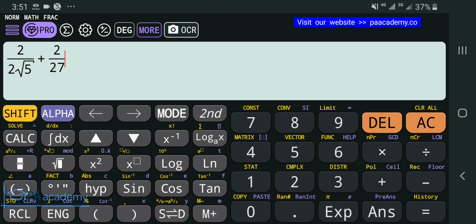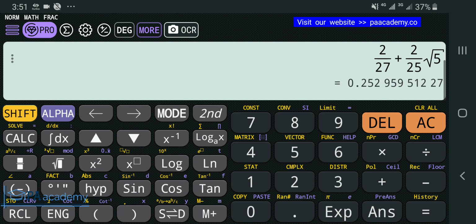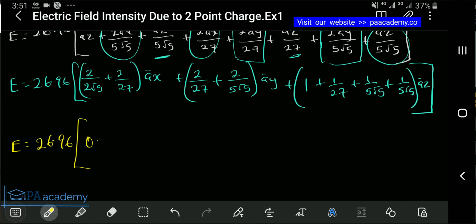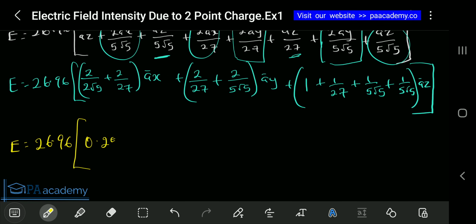Okay, so this is 2 over 5 root 5, not 2 root 2. So that was 5. That will give us 0.252. So this is 5 here, not 2.